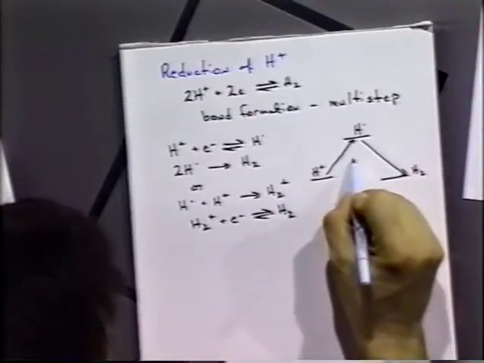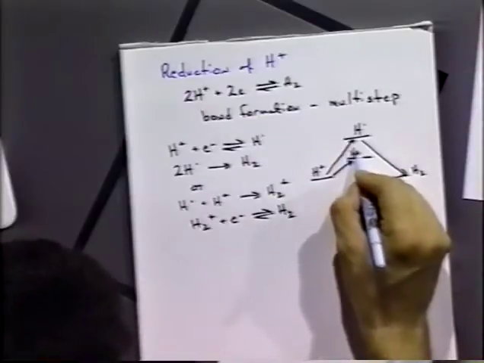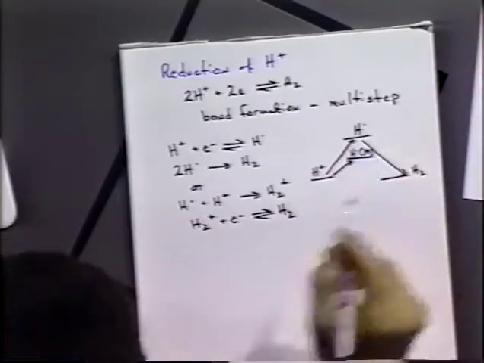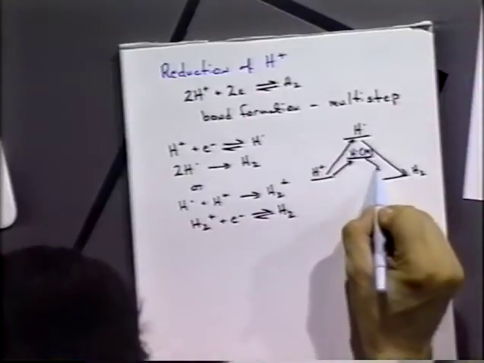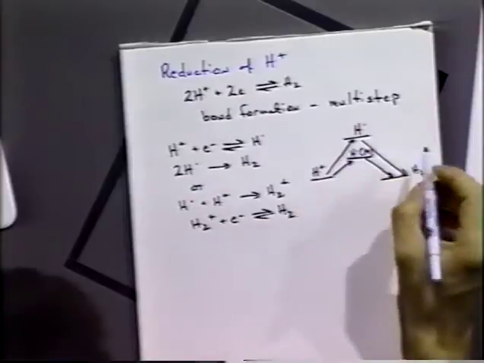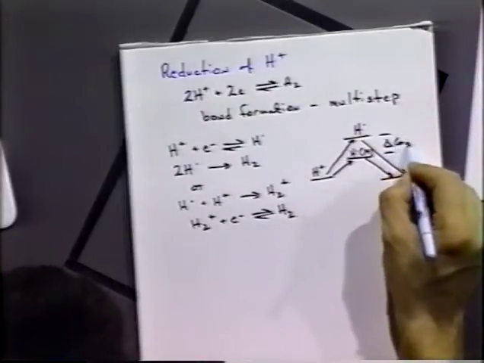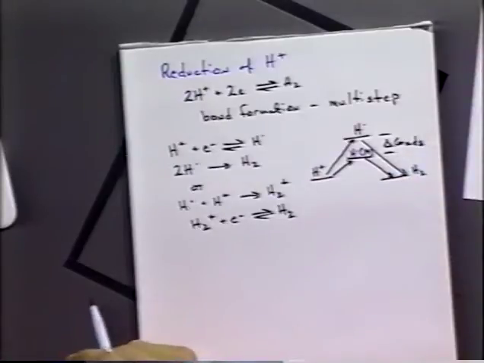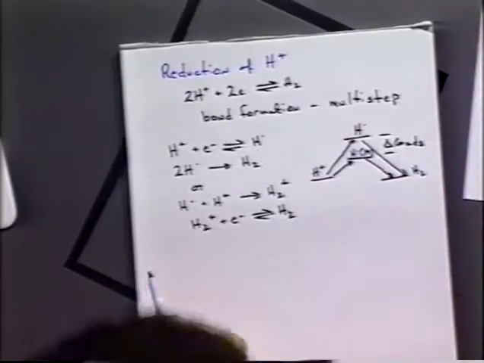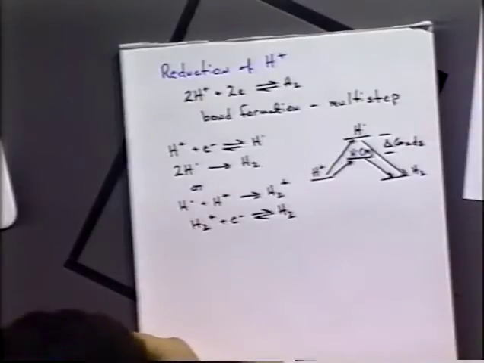What can happen, though, is that we can stabilize that species by forming hydrogen that's adsorbed onto a metal surface and then going back to the hydrogen gas. And so there is a change in the energy there, that's the free energy of adsorption, that can be taken advantage of. And so it requires less energy to get this reaction to go if we can adsorb that hydrogen atom, hydrogen radical onto a species.